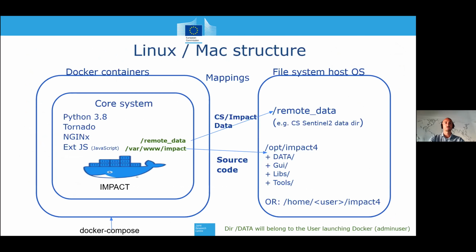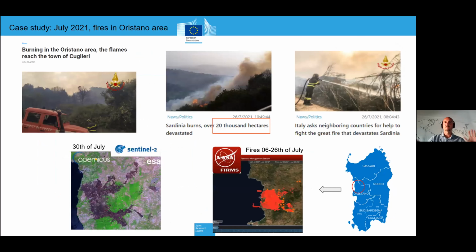Okay, in Macintosh or Linux, this is pretty much the same. But I don't want to go into too much detail, because the objective of this pre-conference course is mapping burnt areas with Impact Toolbox, hands-on with the tool.